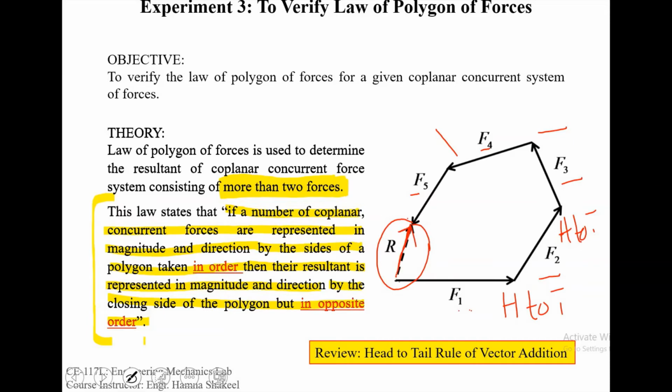That is, tail is connected to the tail of the first vector and head is connected to the head of the last vector. So this is what they mean by in order and in opposite order. So all the forces that you want to sum up, they have to be arranged in order, and the resultant you have to draw it in the opposite order.